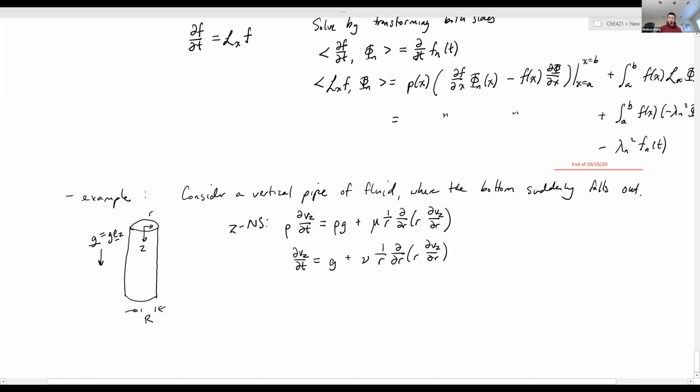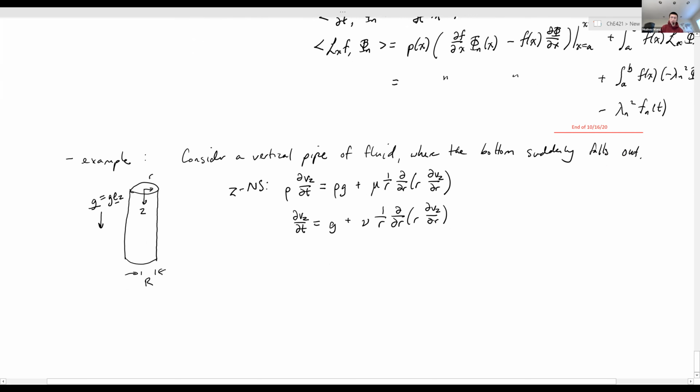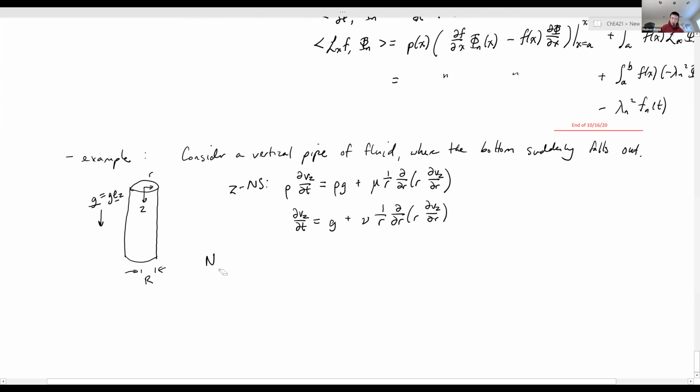Okay. As we've done in the past, we can also non-dimensionalize this equation, so let's do that. So we'll have an r tilde, that's going to be r divided by R here.